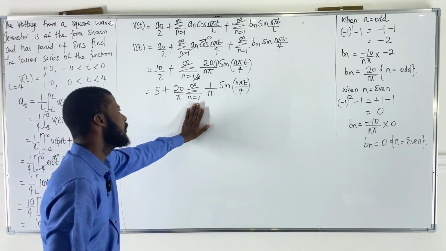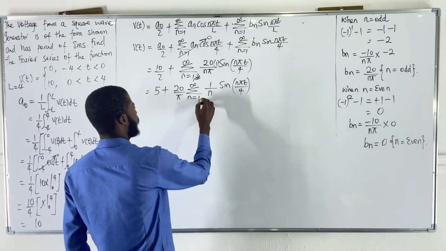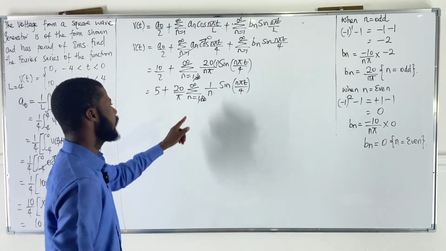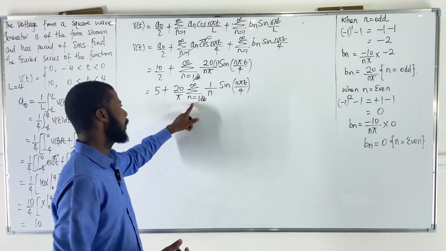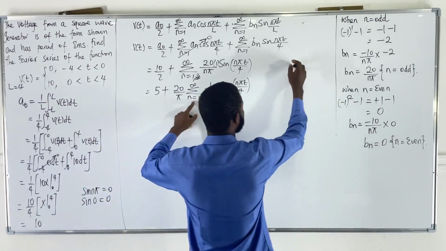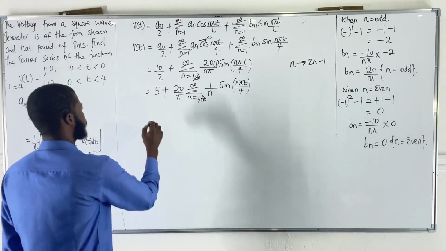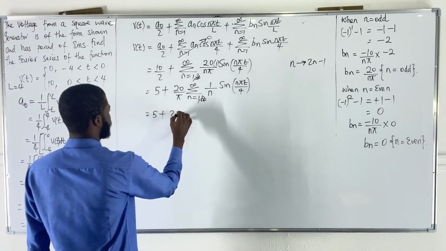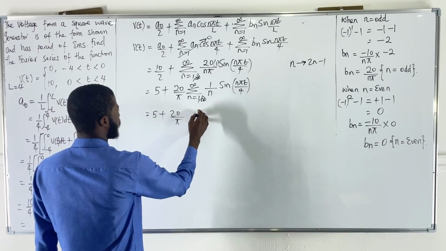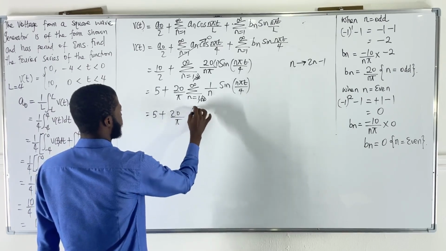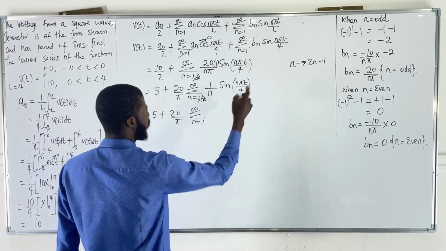But if I leave my answer like this, it might not really be looking nice. So I've always been doing something, if you remember. Whenever I have odd, I would say replace n with 2n minus 1. So this will be 5 plus 20 over pi, then with the sum from n equal to 1 to infinity, I will replace all my n with 2n minus 1.